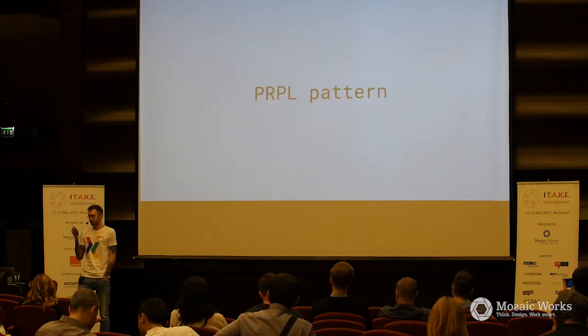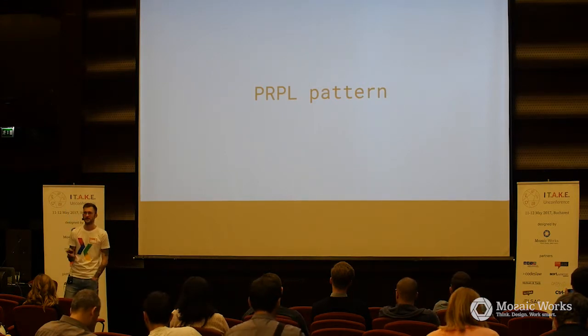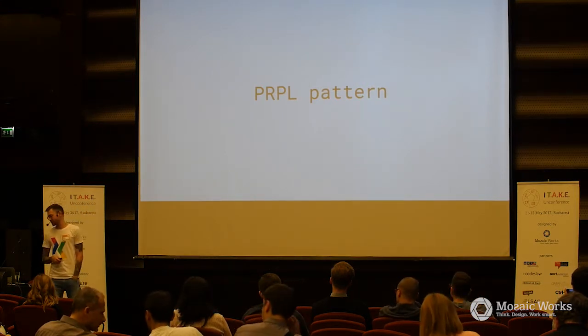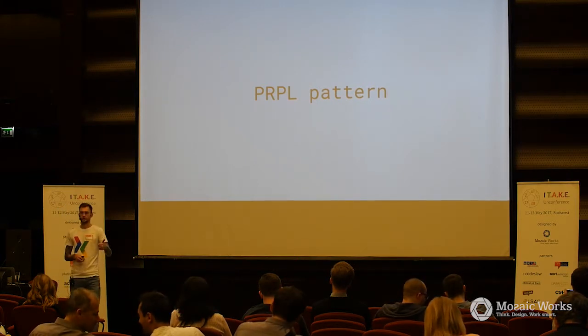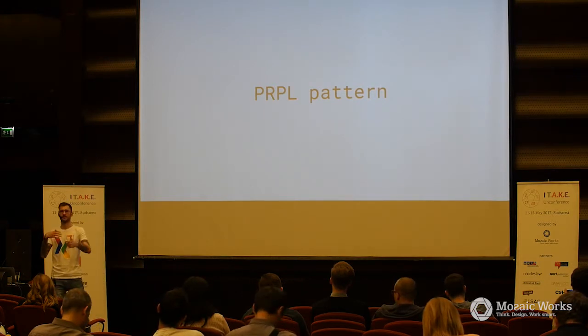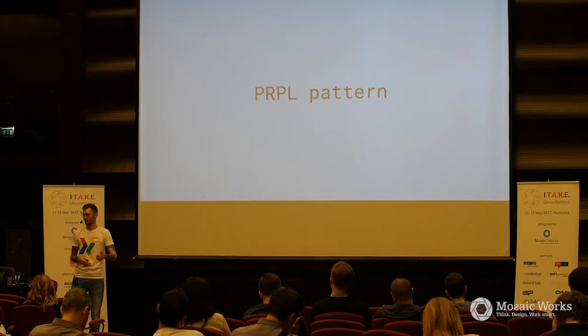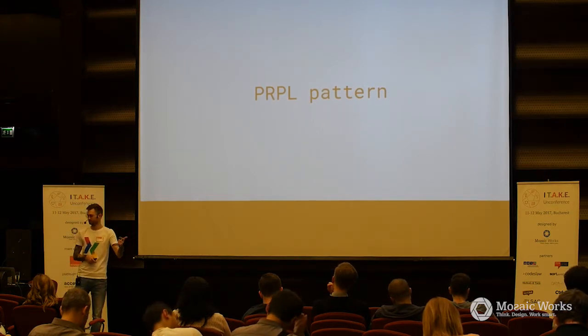All right, there's this pattern as well, the PURPLE pattern. It's an acronym. It stands for 4 things. Push critical resources as soon as possible to the user. This is more or less an architectural guideline. Then render the initial route as soon as possible.